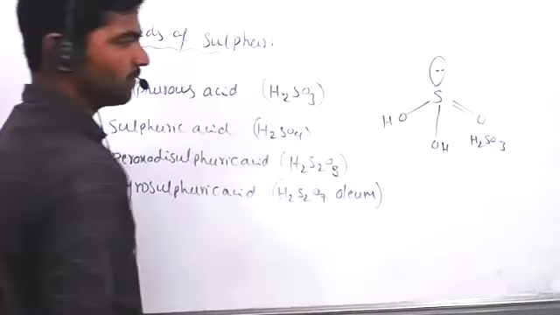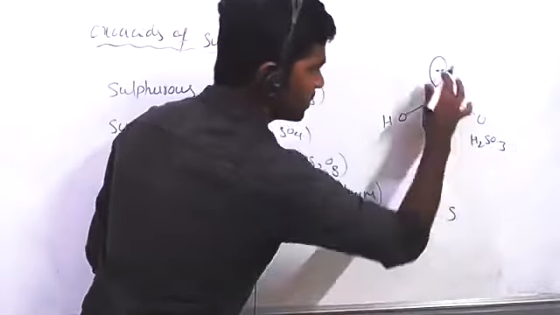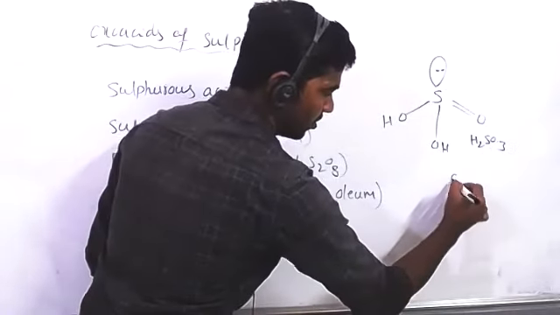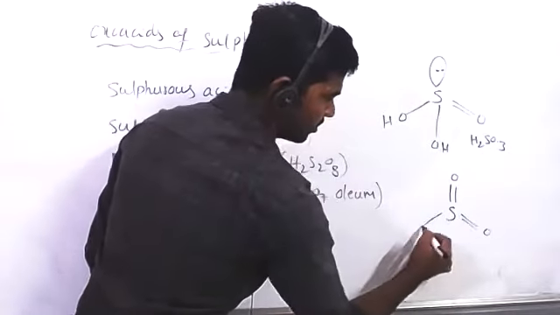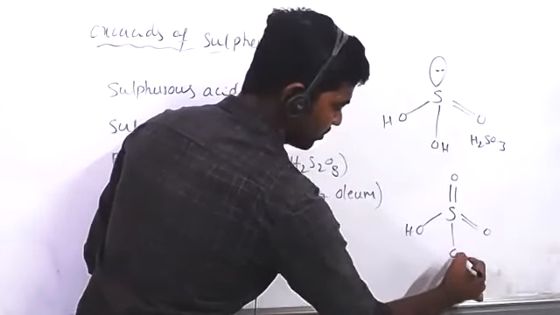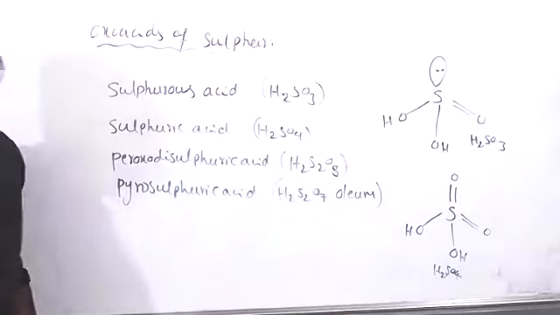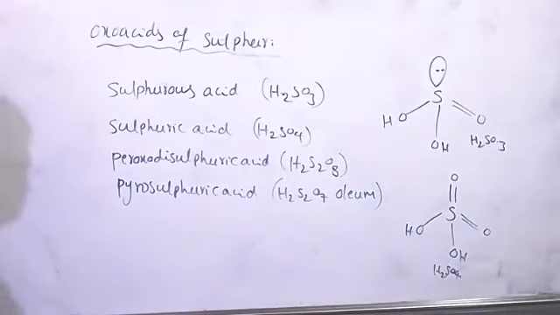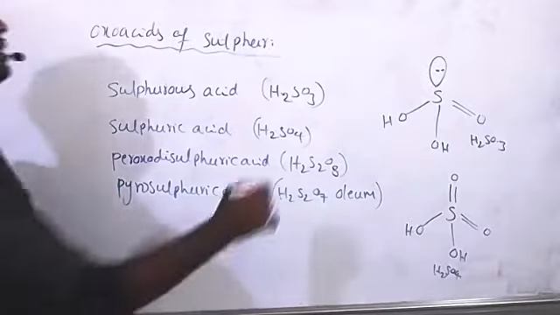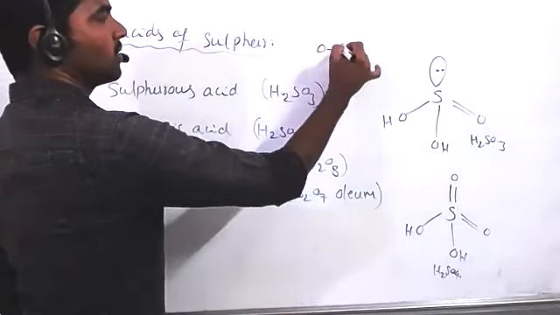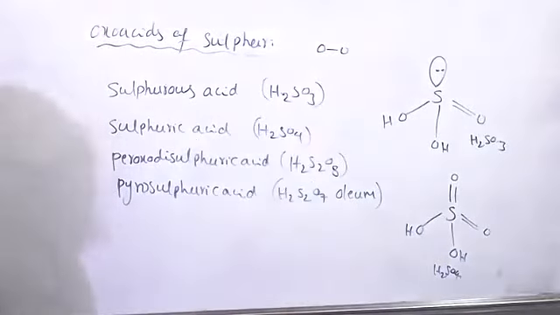And sulfuric acid is the same, but instead of the lone pair, we write a double bond O. Then in the structure of peroxodisulfuric acid, there is a peroxy bond. Whenever there is a bond between oxygen and oxygen, we call it a peroxy bond.